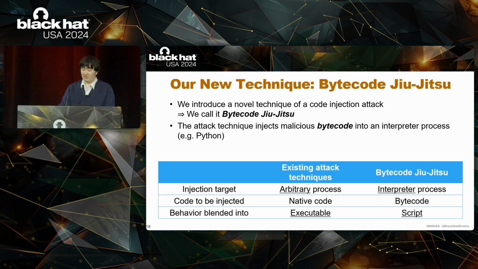The injection target of the existing techniques is an arbitrary process. On the other hand, Bytecode Jiu-Jitsu's target is an interpreter. The existing techniques inject native code and blend malicious behavior into benign executable behavior. Bytecode Jiu-Jitsu injects bytecode and blends into benign script behavior.